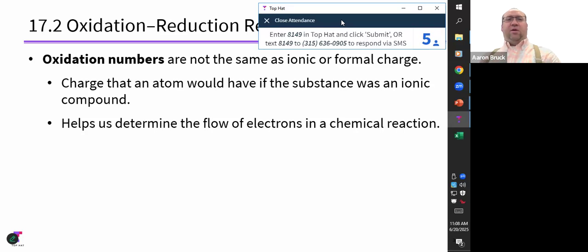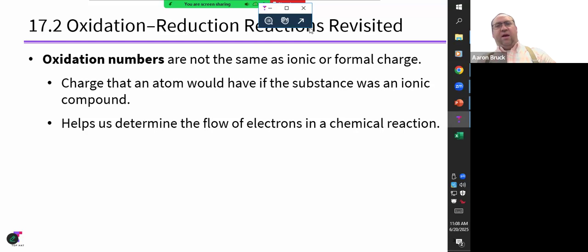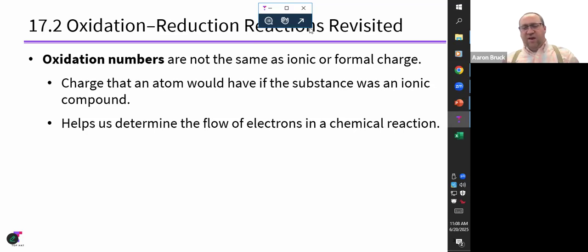And what we want to focus on here, at least initially, is the idea of the oxidation number. And just as a couple of reminders, oxidation numbers are not the same thing as ionic charges or formal charges. What we're looking at with oxidation numbers is the state of affairs that it is in.